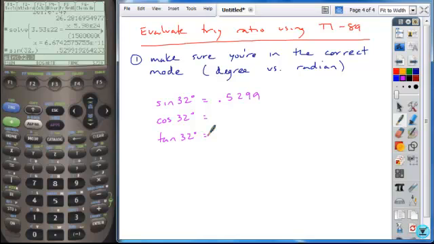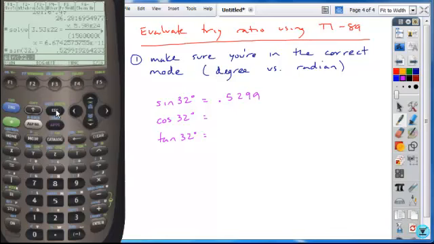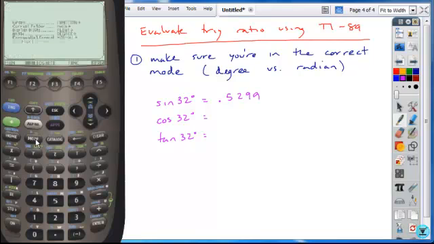If you hit this mode button right below the white alpha key, and then scroll down to the fourth line, it says basically angle type, and then choose degree in there and hit enter until it comes back to the home screen. Mode. Scroll down to the fourth line. The green diamond one I said, when you enter your number, either put it in decimal form or hit the green diamond.